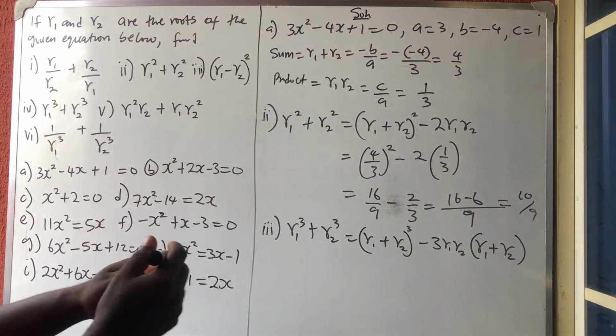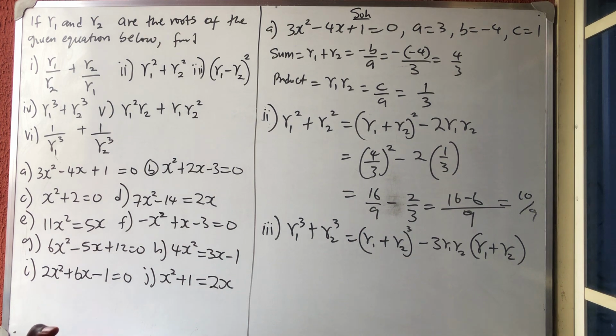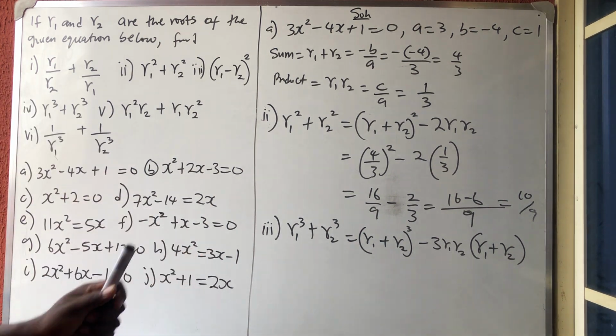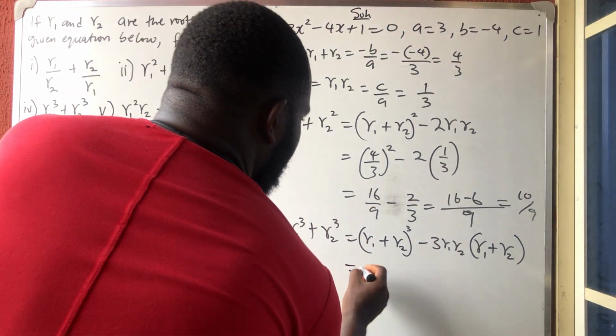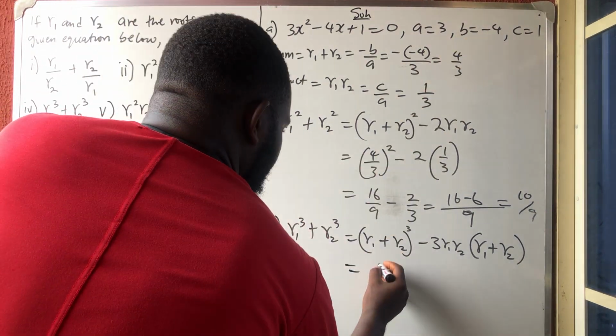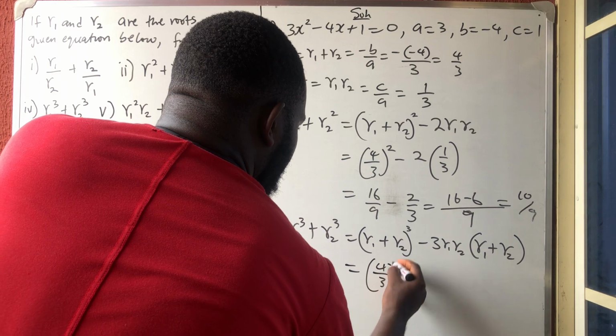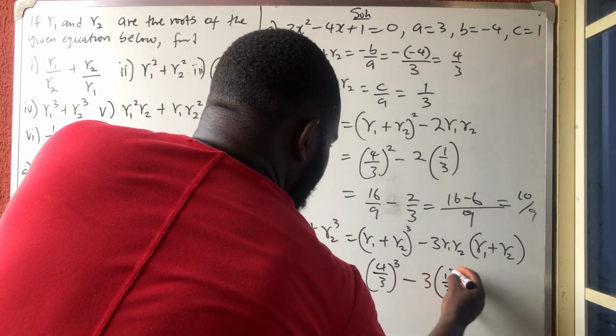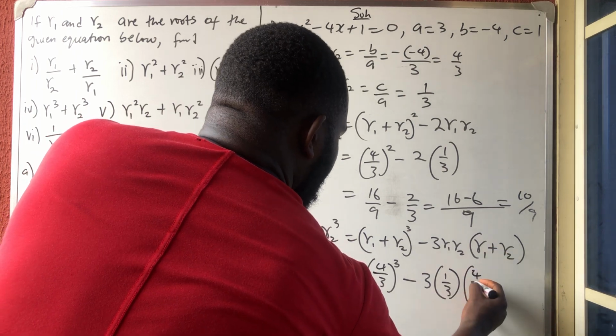Instead of using alpha beta here, they are using R1 and R2 to confuse you, but still have the mindset of alpha and beta. It will help you. So this one gave us 4 over 3 all cube minus 3 into 1 over 3 still into 4 over 3 again.